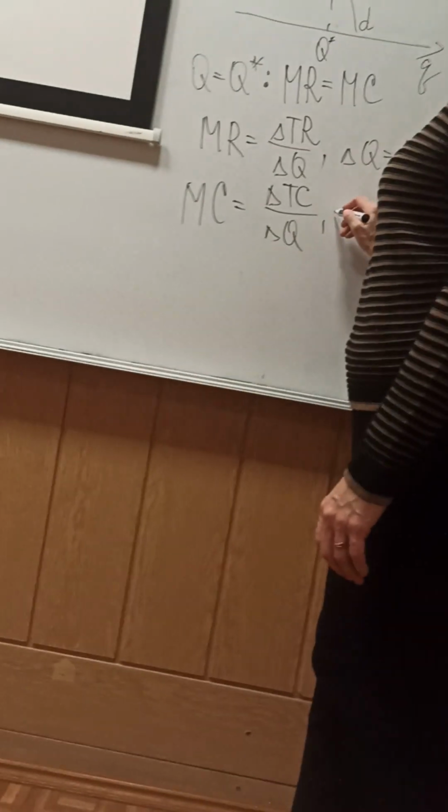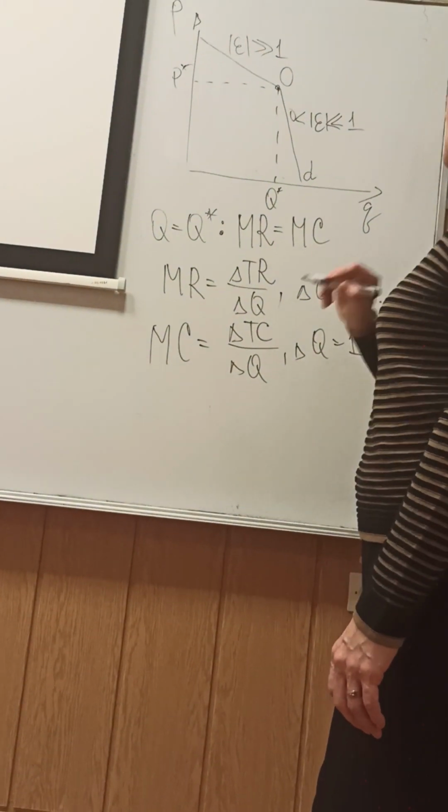Marginal revenue means this is the coefficient or ratio which shows us delta TR over delta Q, when delta Q equals 1. Marginal cost is delta TC over delta Q, when delta Q equals 1.